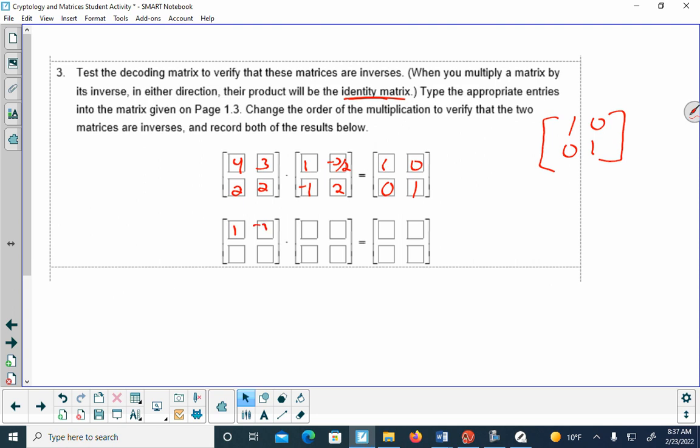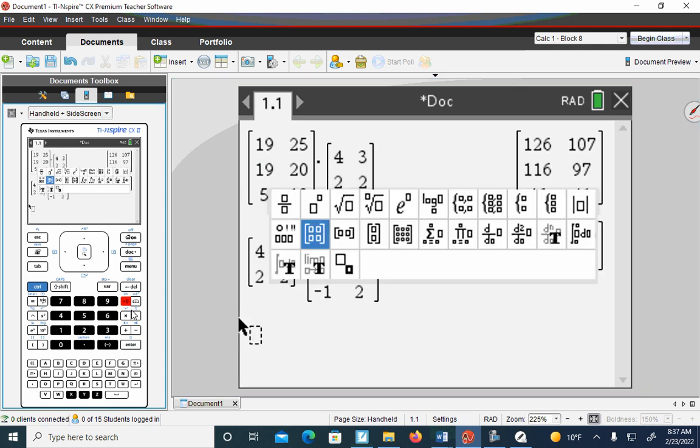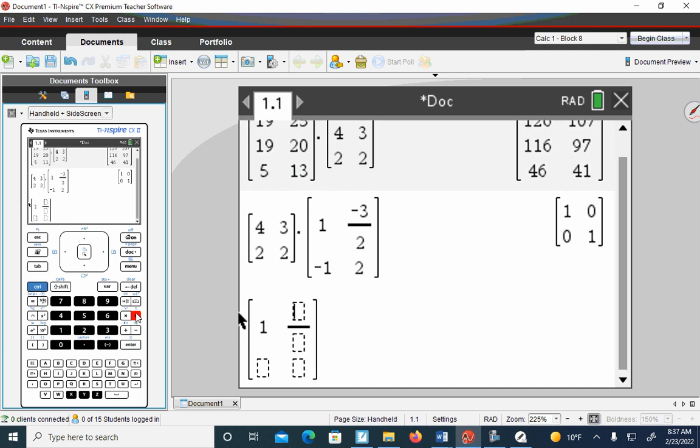So we're going to put the decoding matrix here as the first matrix, put the coded matrix here, and when I multiply those two, I should also get the identity.